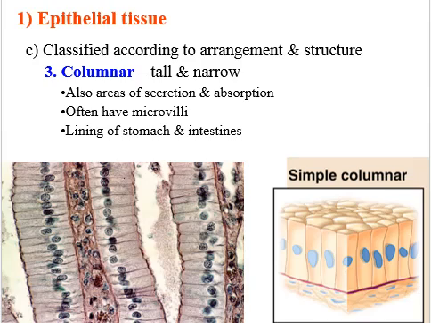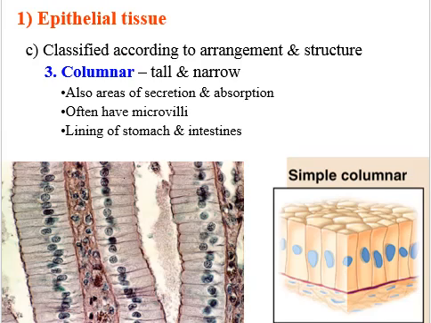And a lot of the time they have little finger-like projections on the top. In this picture, it's all flat on the top, but there would be little finger-like projections that increase the surface area. They might even move sometimes. So where do you find these long, skinny epithelial cells? Where things are being secreted, like in the stomach and the intestines, and some things being absorbed.